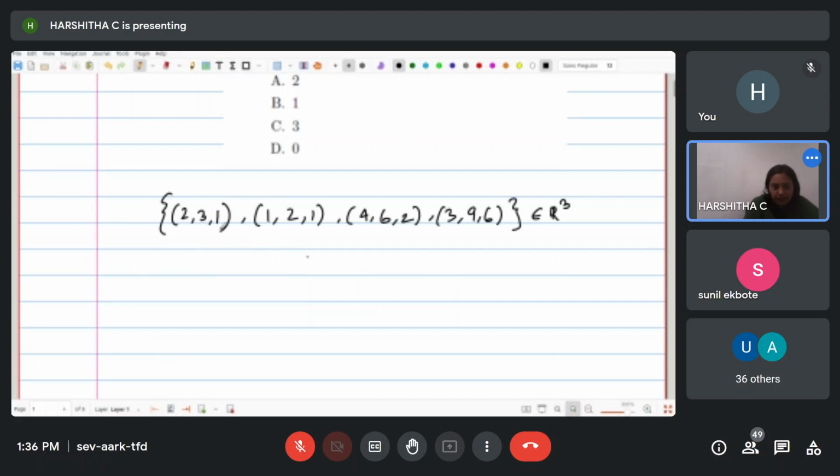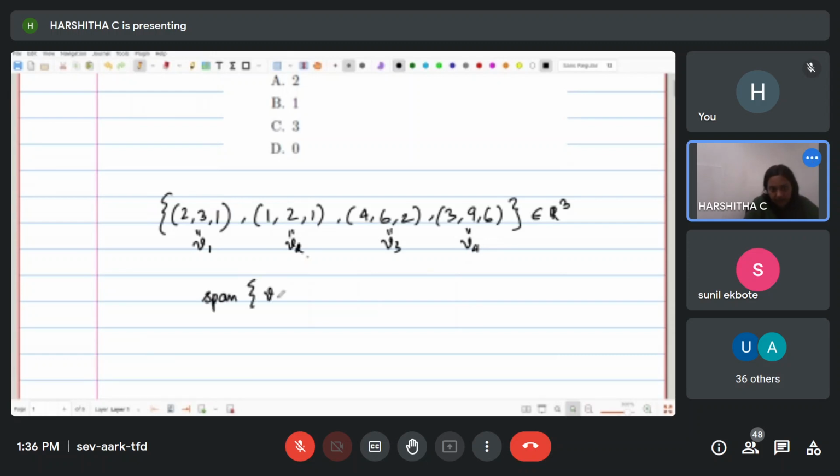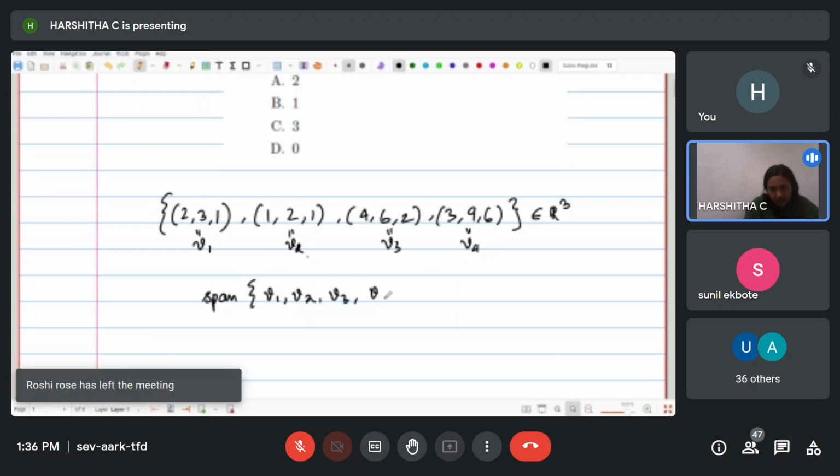We'll just call it something so that I don't have to write it again. So span of V1, V2, V3, V4. This is some subspace of R3.